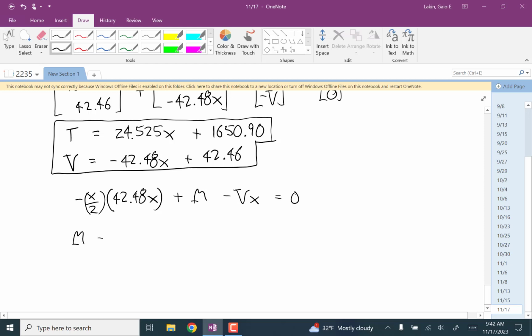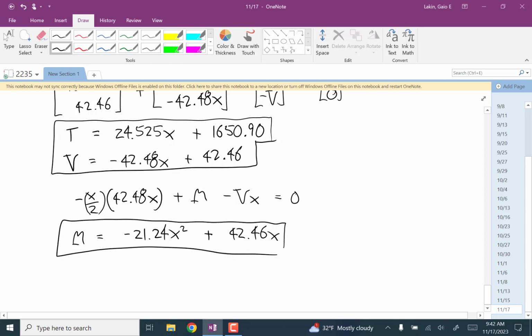And so M is equal to negative 21.24x squared plus 42.46x.